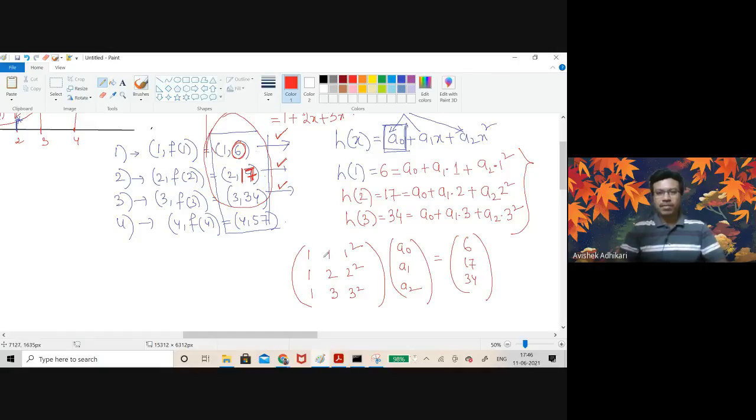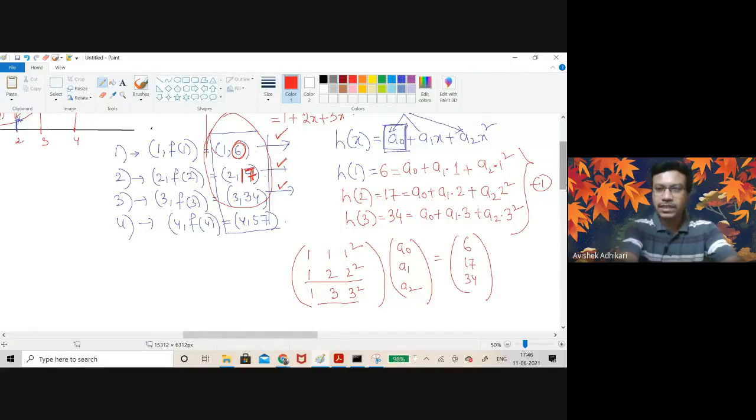If you multiply this, a0 plus a1 plus 1 square into a2, that is the same thing, equal to 6. Similarly, multiply this with this, equal to 17. Multiply this with this, equal to 34. So this system of linear equations can be written in terms of matrices.